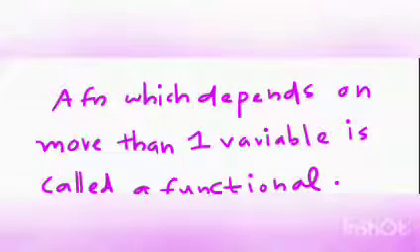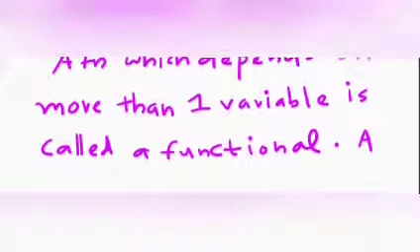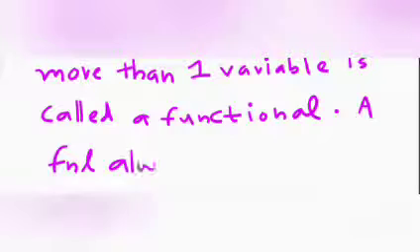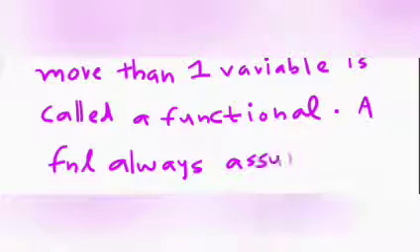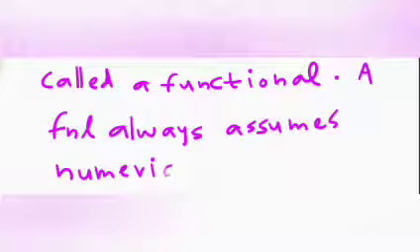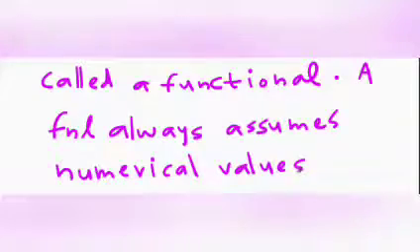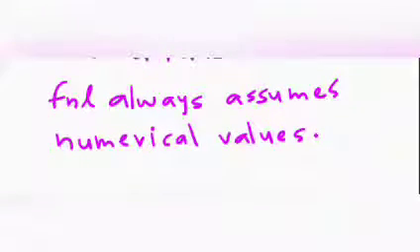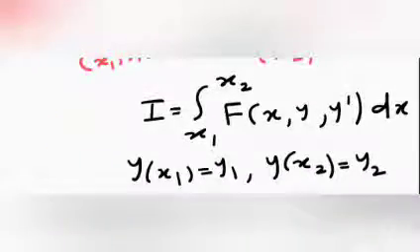Rather than calling it a function, we could call it a quantity also, because a functional always assumes numerical values. So that is the first term that we are dealing with: a function or a quantity which depends on more than one variable is called a functional. A functional always assumes numerical values. Here not only f is a functional, but I is also a functional with fixed endpoints x1 and x2. If either of x1 or x2 is varying, then it won't be a functional. But if x1 and x2 are fixed, then I is also a functional.